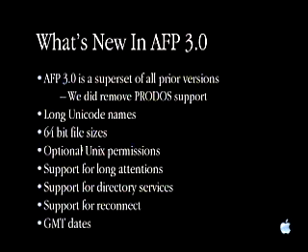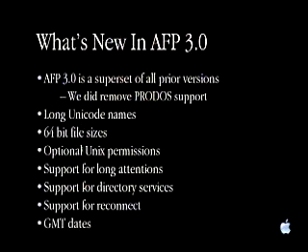AFP 3.0 is, just like all the other AFP versions, a superset of the previous ones. We did have to remove ProDOS support. We've added long Unicode names, up to 255 Unicode characters, 64-bit file sizes, that's somewhere way up in the terabytes instead of this 2 gig limit we've got today. We've added Unix permissions.